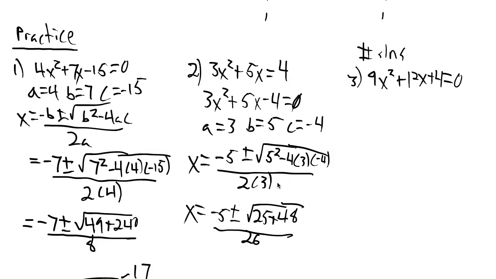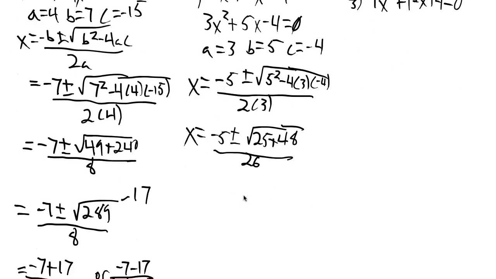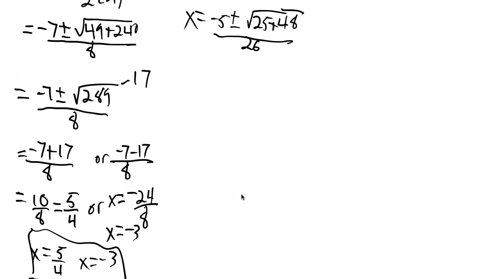That's not going to be something that has a nice square root, but we have our calculators here, so we can just approximate that. So we have x is equal to negative 5 plus or minus the square root of 73 over 6. What's the square root of 73 roughly equal to? Well, that's about 8.544.